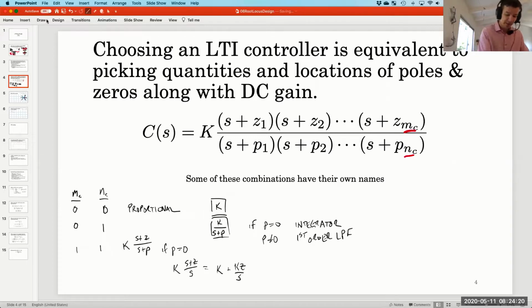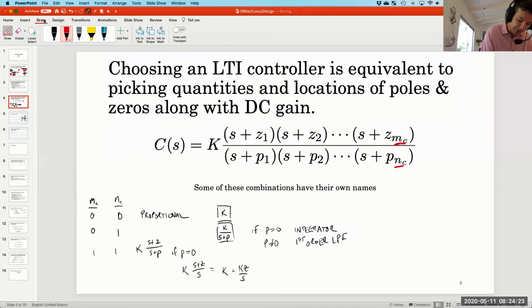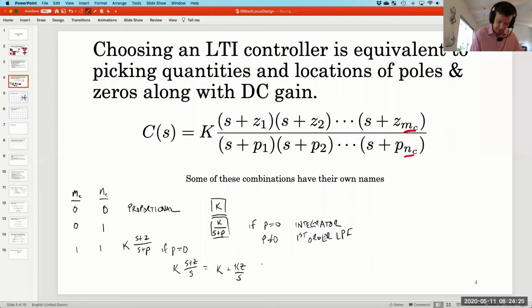And so I'm drawing this out because I want to make it plainly clear that this controller looks a little bit like a proportional controller, and it looks a little bit like an integrating controller, which is why it gets the really fancy name, a PI controller. Right? This is a controller that acts proportional to the error, but also proportional to the integral of the error.